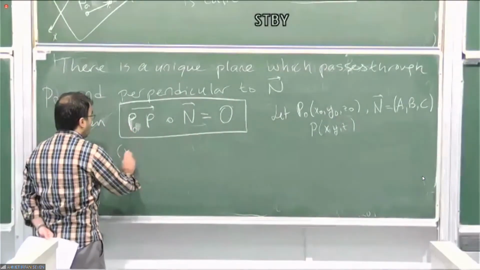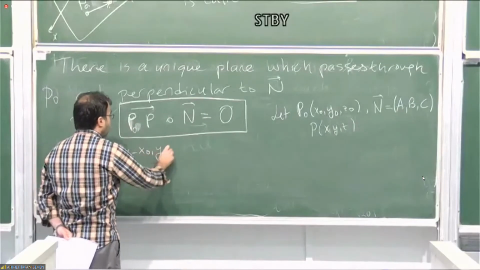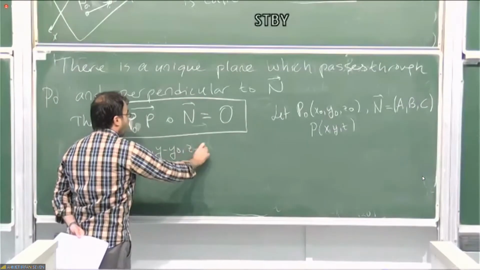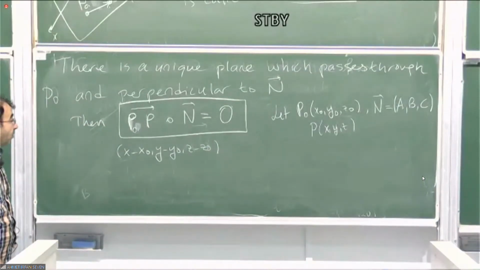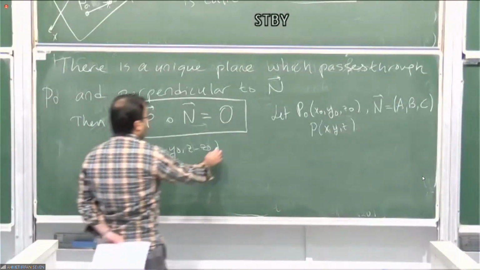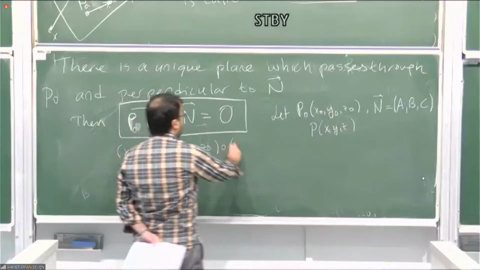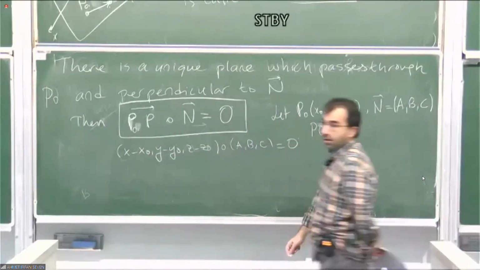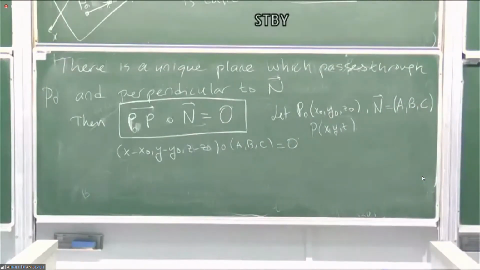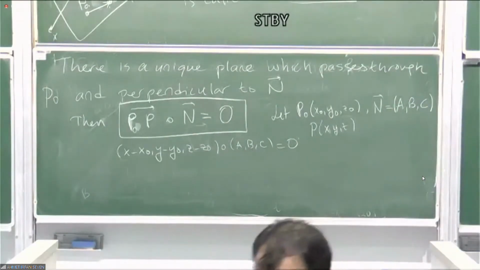P0P, what will be the components of this vector? It will be x minus x0, y minus y0, z minus z0. Dot product n. n is this vector A, B, C. And we equate the dot product to 0.